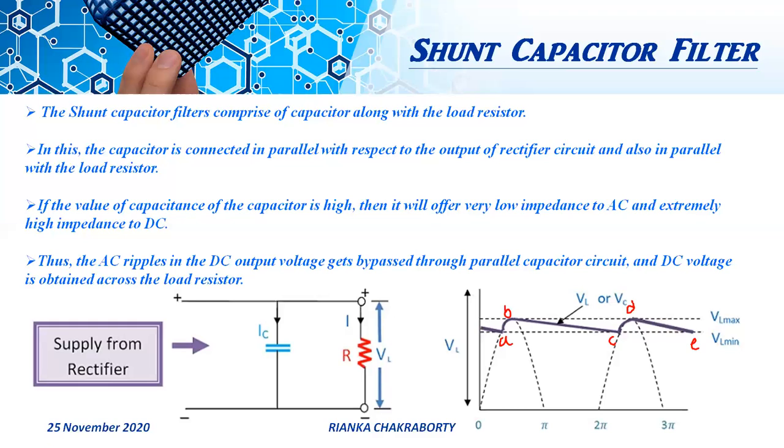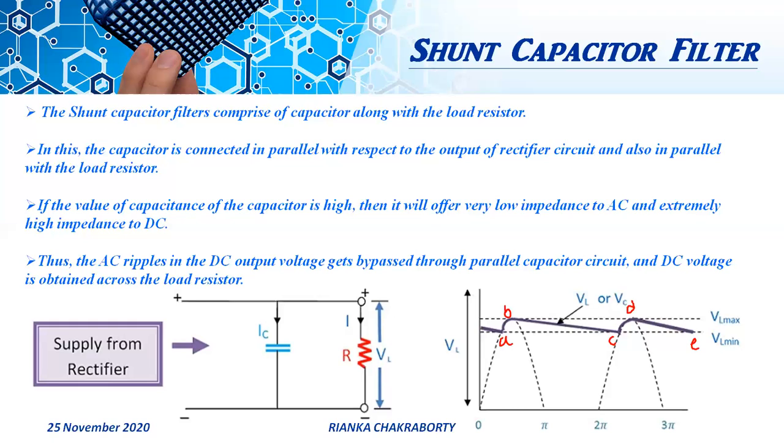Because of the large discharge time constant RC, the capacitor does not have sufficient time to discharge appreciably. Due to this fact, the capacitor maintains a sufficiently large voltage across R even during the negative half cycle of input supply.